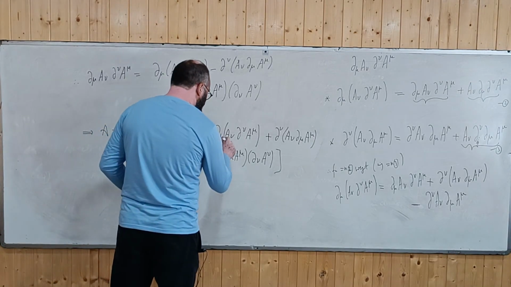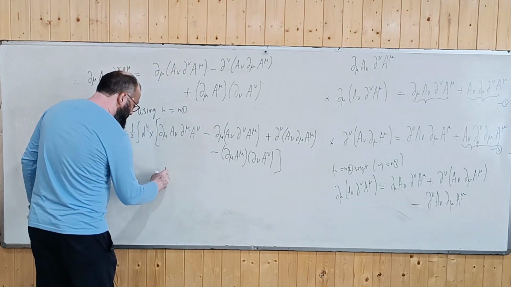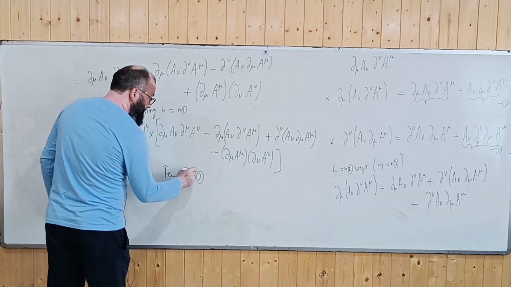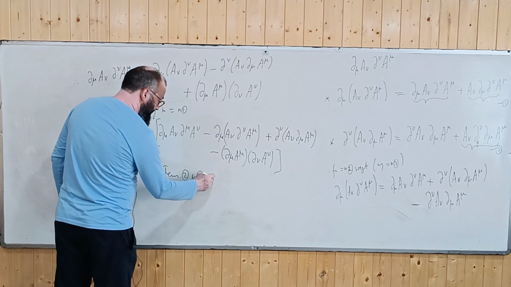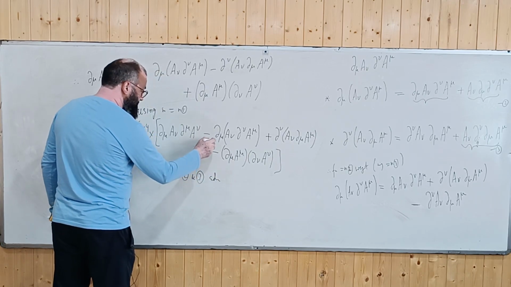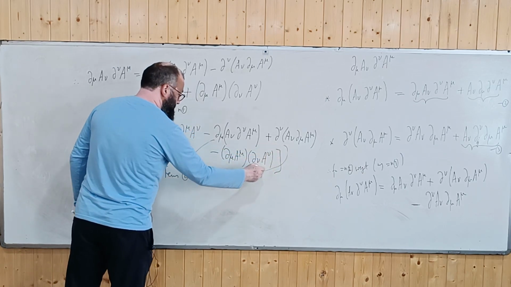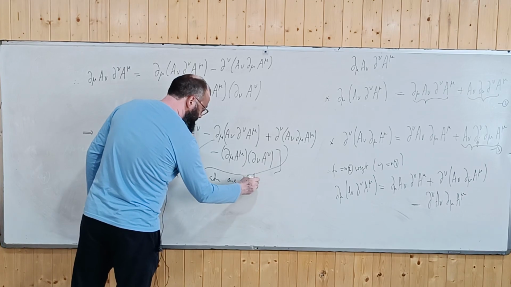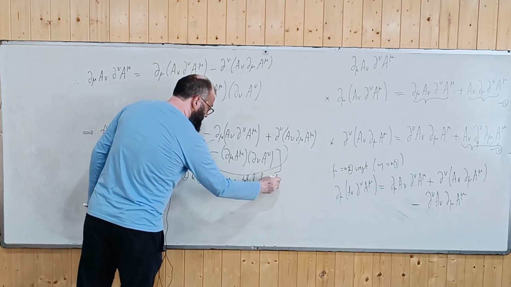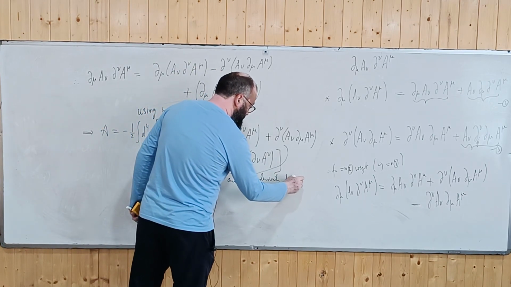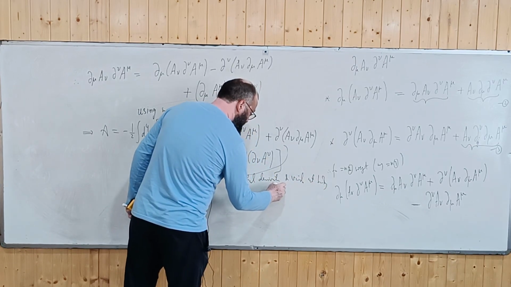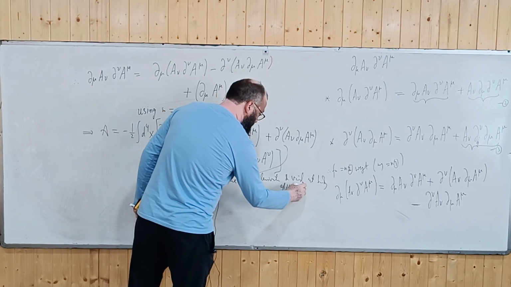So let me write terms second and third. Above terms, so this and this are total derivatives and vanish at infinity. What are we applying here? Gauss divergence.